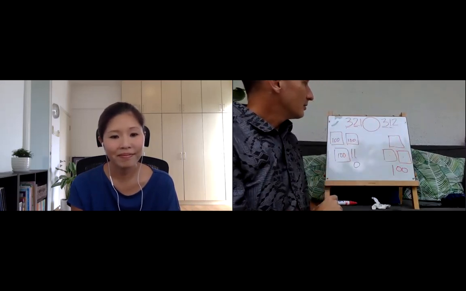So I see that the hundreds are going to be the same, right? So I'm already stuck with 300s being the same. But let's compare the tens. Here I had 2 tens. There I have 1 ten. So already I can tell from my picture that 321 is going to be greater than 312, right? So it makes it really clear when we draw a picture.